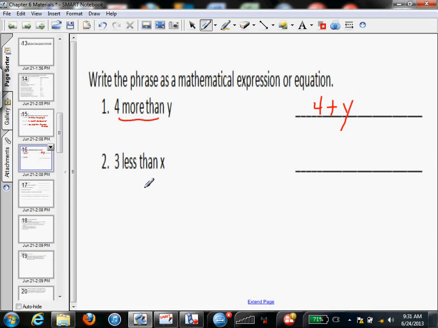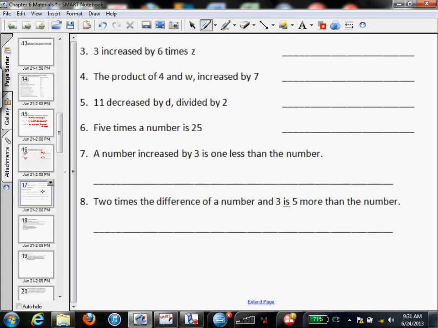Okay, 3 less than x. So less than tells us subtracting. So when we write that, we have our variable x minus 3. If we keep moving on with this same pattern, we have 3 increased by 6 times z.